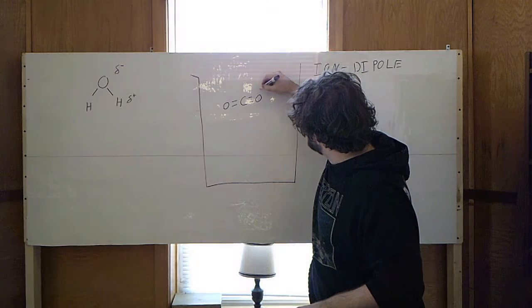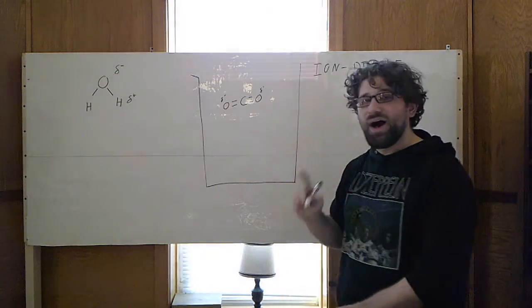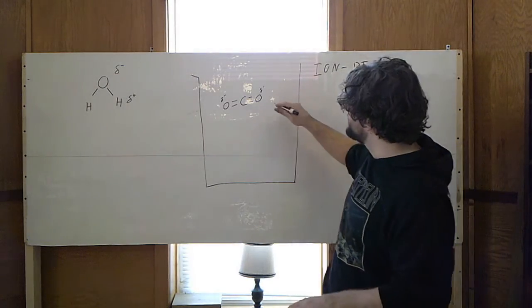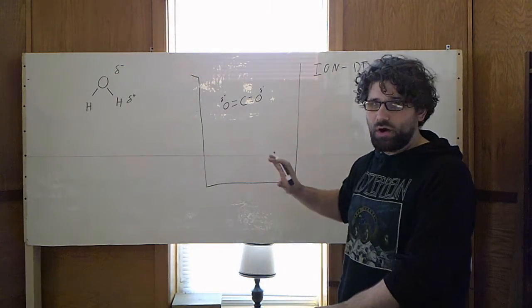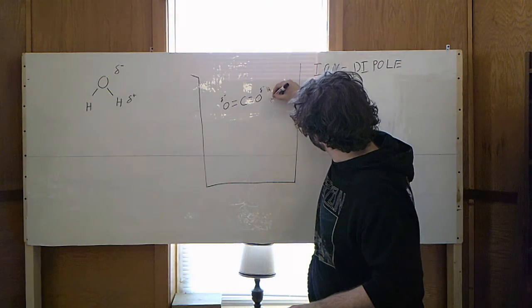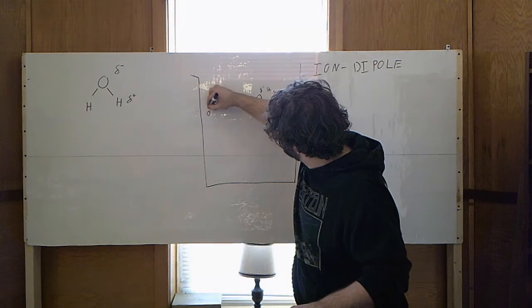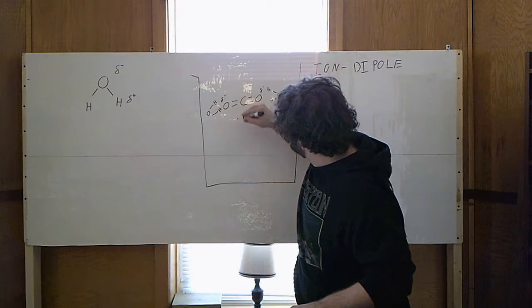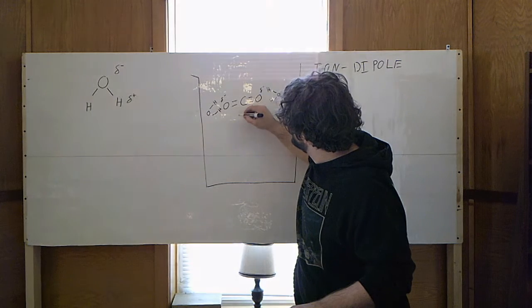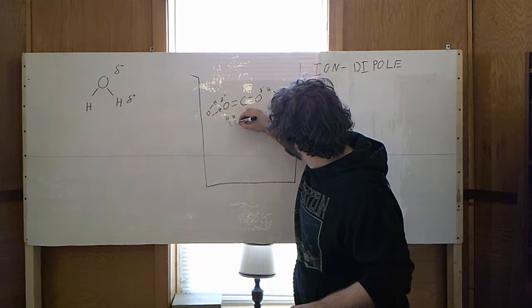The oxygen is going to have a more negative sign. Now, because of that, water can still surround the carbon dioxide, just like it does with any other substance. Or any ion.